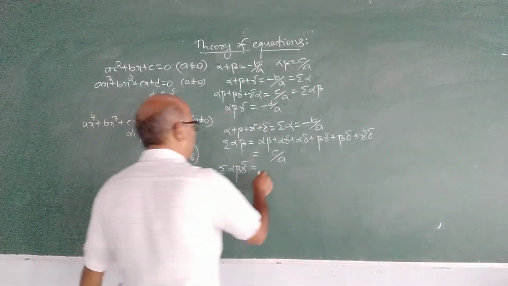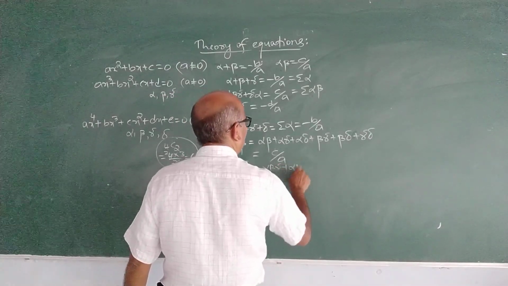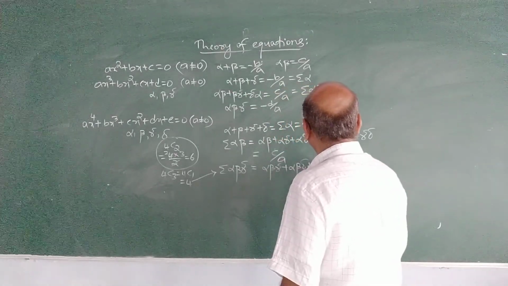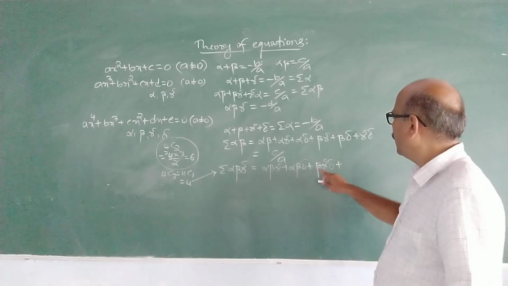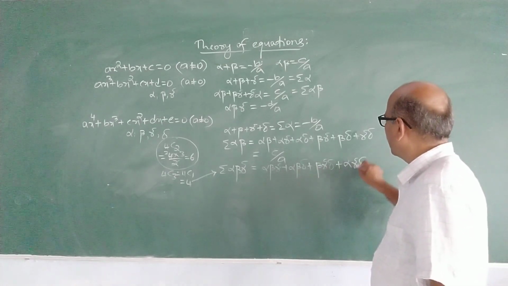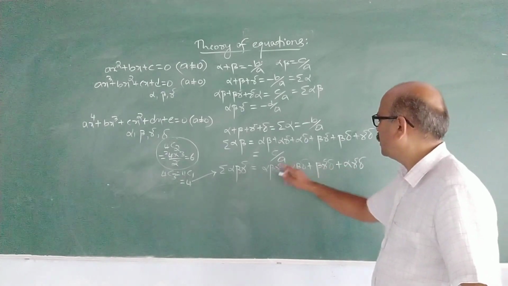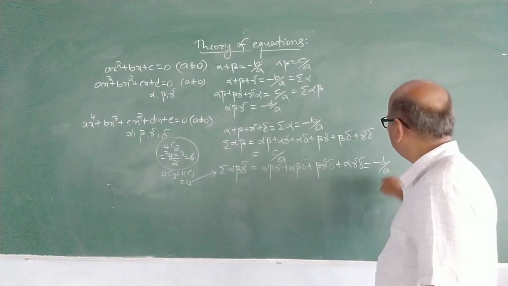And what are those 4 terms? Alpha beta gamma, alpha beta delta, alpha gamma delta, beta gamma delta. Correct? 1, 2, 3, 4. Yes. It is minus d by a.